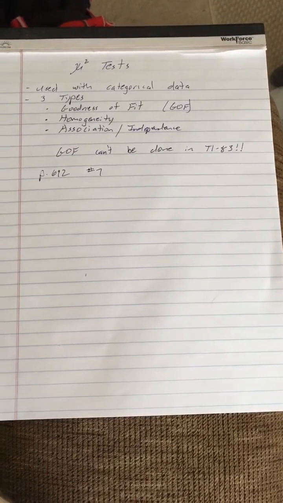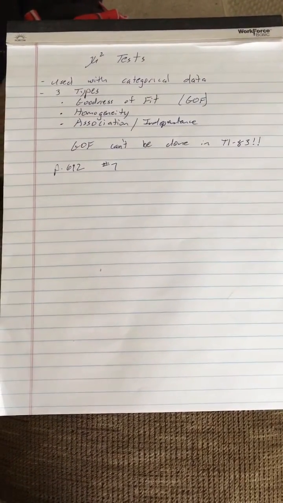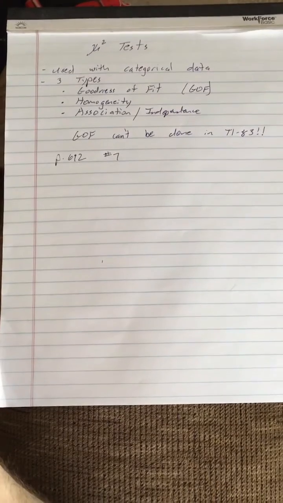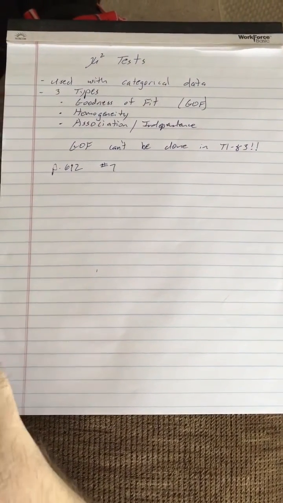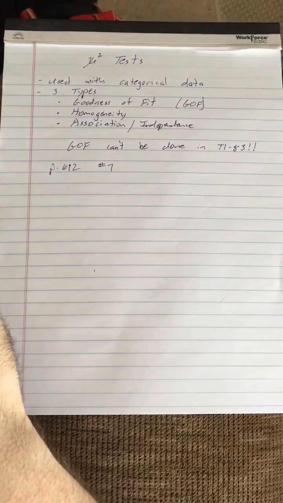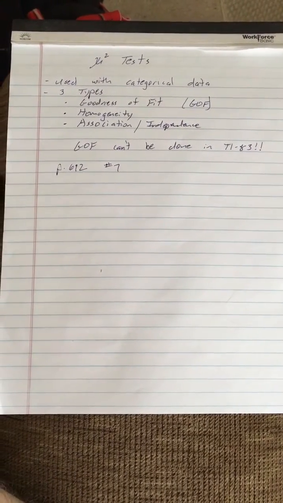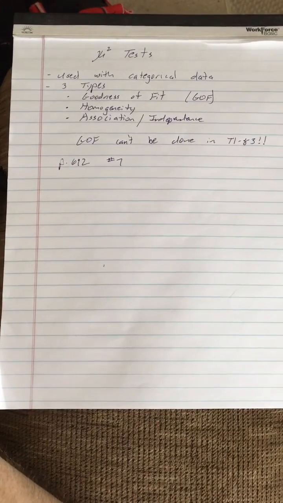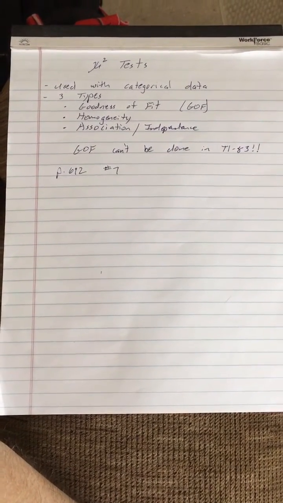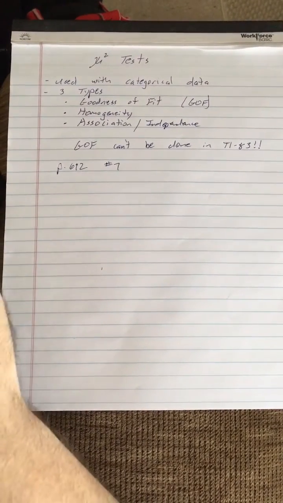With a goodness of fit test, basically you've been presented with a list of proportions that are claiming to be true. Then you take a sample, find your own proportions from that sample, and you're trying to see, does your sample match the claimed proportions? The example that the book did in the section was the M&Ms. Mars Incorporated reports that a certain percentage is green, a certain percentage is orange, and so on.